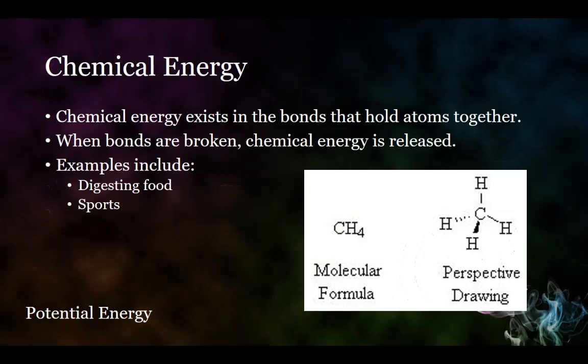So, when these bonds are broken through a chemical reaction, these are exergonic reactions, or energy releasing reactions, that are going to provide energy to create your ATP for you to function. Well, we also can do this in terms of things like combustion reactions. When you burn fossil fuels, you are breaking the bonds inside those materials to release the energy of those bonds in terms of producing power.